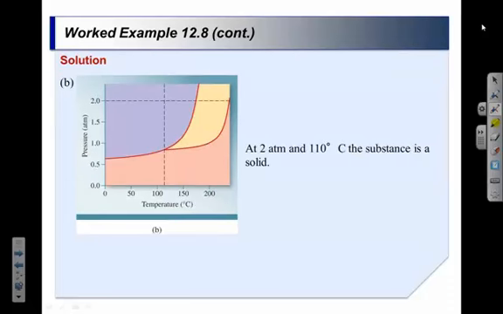I might just give you some other random pressure and temperature and ask you to determine the state of matter. So if I tell you the pressure, you find that. Tell you the temperature, you find that. You go up, go across. Okay, those two meet in the solid phase, so it means under those conditions, whatever the substance is must be a solid.